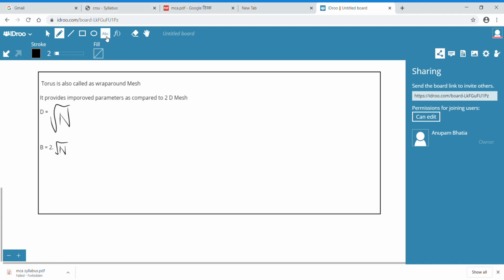And the wonderful thing about this is that the connectivity parameter is equal to 4, and the cost is 2 into the square root of n.